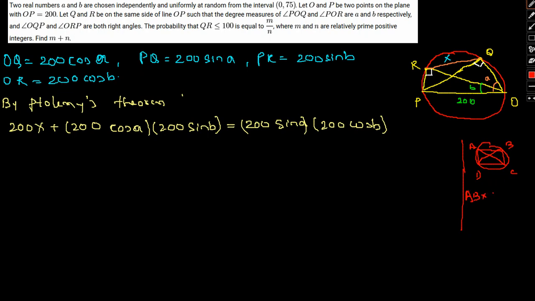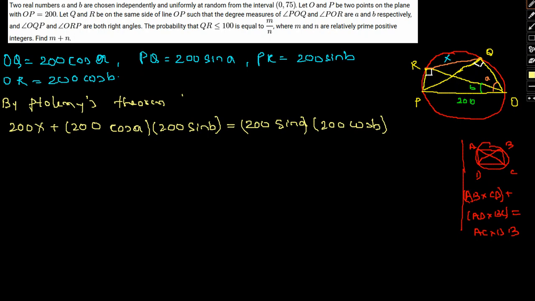AB into CD plus AD into BC will be equal to AC into BD. So basically the sum of the products of the opposite sides will be equal to the product of the diagonals. That's what Ptolemy's theorem actually is. We have applied the same in this particular problem as well. So let's take a look.